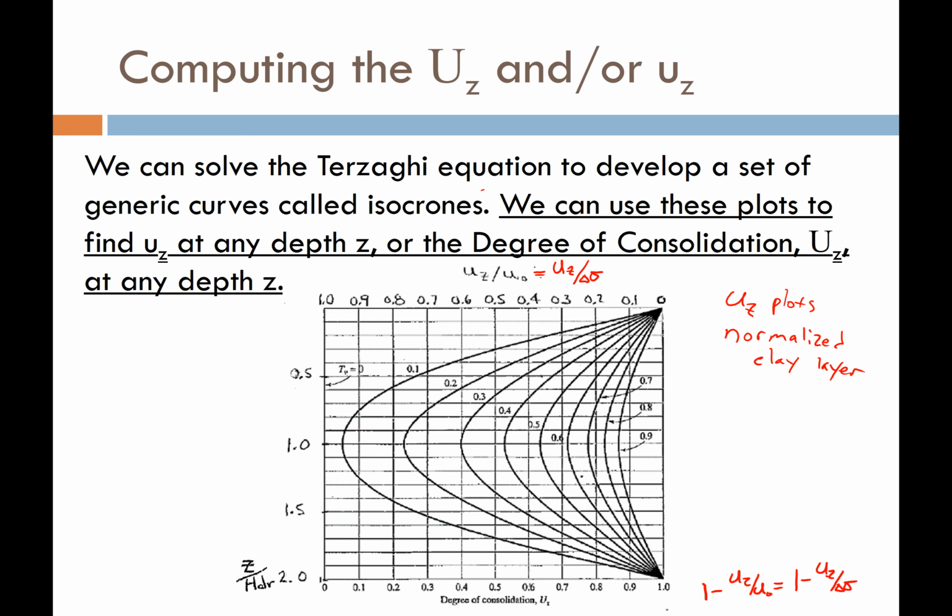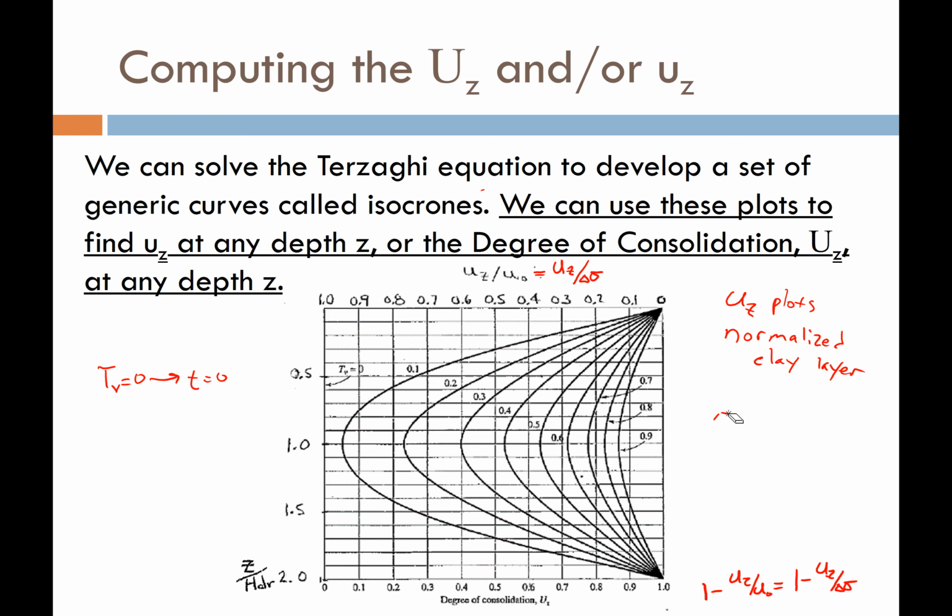So at T sub v equals 0, that means our time equals 0. What's our degree of consolidation? 0. It means that the soil hasn't consolidated yet at all. And right here, this is T sub v equals infinity. If that's the case, then the degree of consolidation is equal to 1, or 100%.